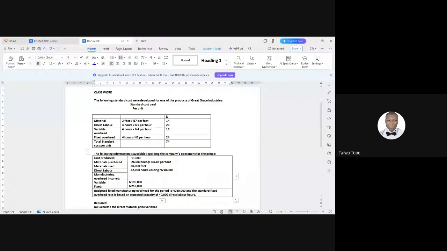So this is a question. We have the standard values as seen here. These are the standard. Now, based on the actual operations, we have these following outcomes here.